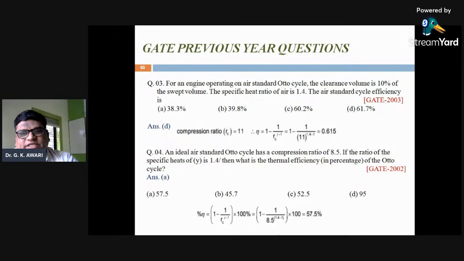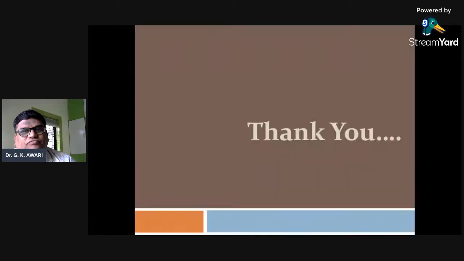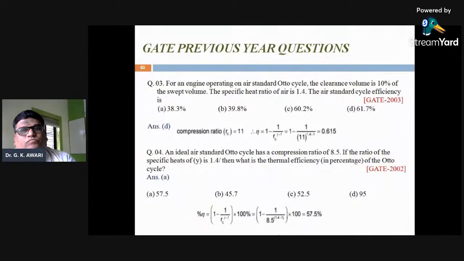Now coming to the third example: for an engine operating on air standard Otto cycle, the clearance volume is 10% of the swept volume. The specific heat ratio of air is 1.4, and the air standard cycle efficiency we have to calculate. So look at this question.